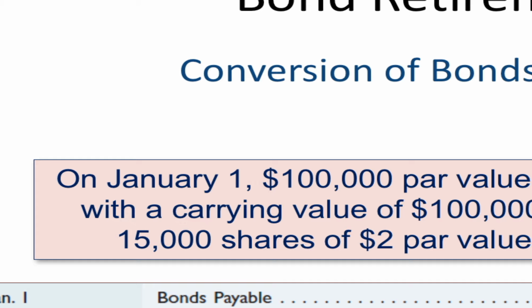Again, you're basically just going to be looking at whatever the bond contract says you can do, and whenever you're retiring the bonds, you debit out the total in the bonds payable account, and if it's stock, that's what the credit side looks like.